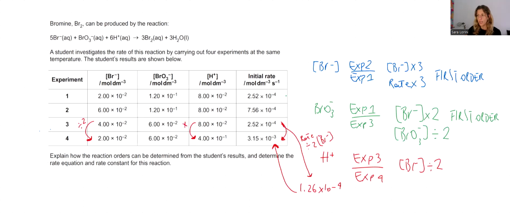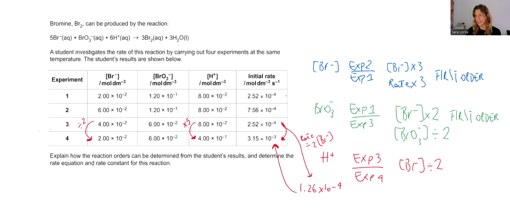Okay, what has happened to the rate? So if we go from 1.26 to 3.15. Actually, by the way, I've used this times by 5 so that I don't have a decimal, because otherwise it's a bit complicated.